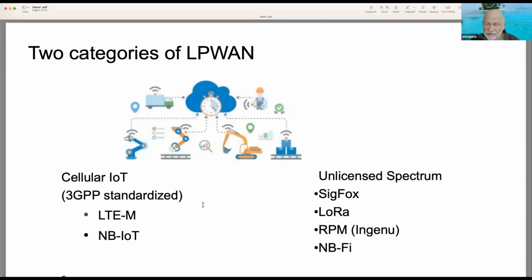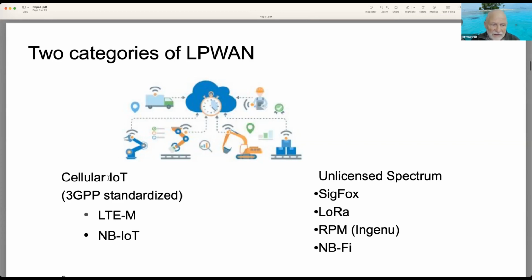So in general, this opens up two possibilities with regard to low power wide area network communications. One is cellular IoT, and the other is unlicensed spectrum. Traditional cellular communication is not well suited to the requirements of IoT.